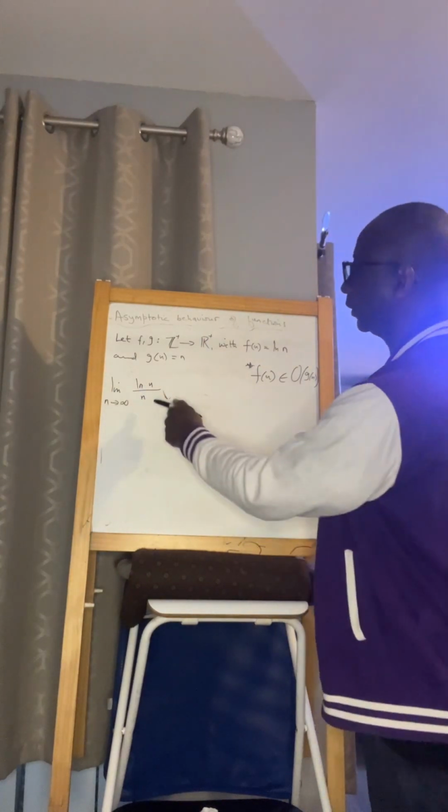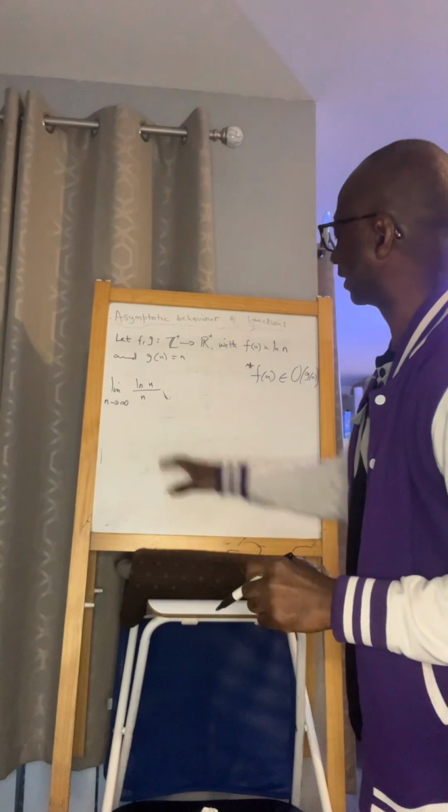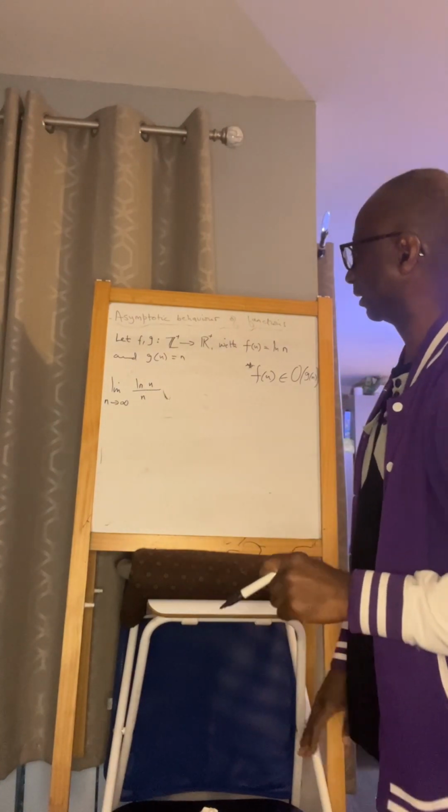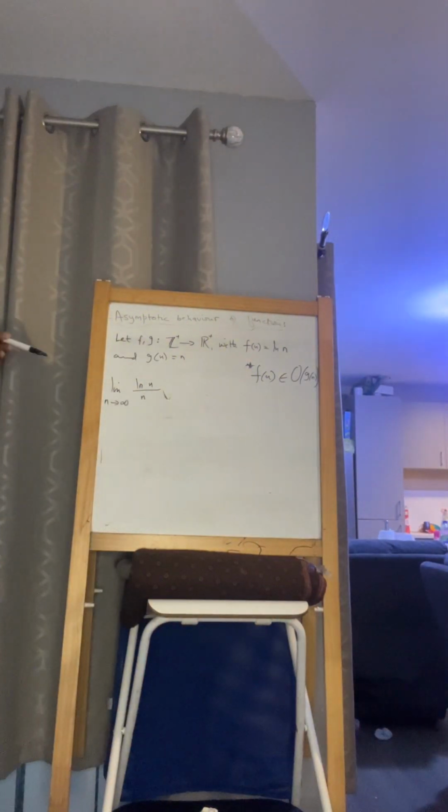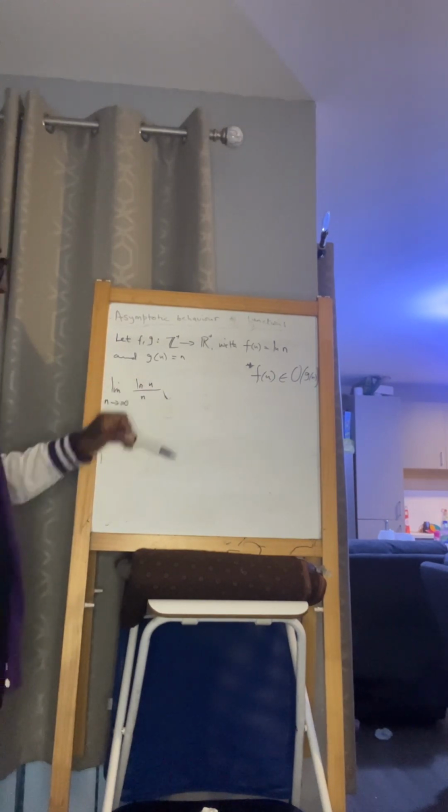So now, when you look at this problem, you are taking the limit of the natural logarithm of n over n. It's easy to see that if you take the limit of the natural logarithm of n as n approaches infinity, it will get bigger and bigger.